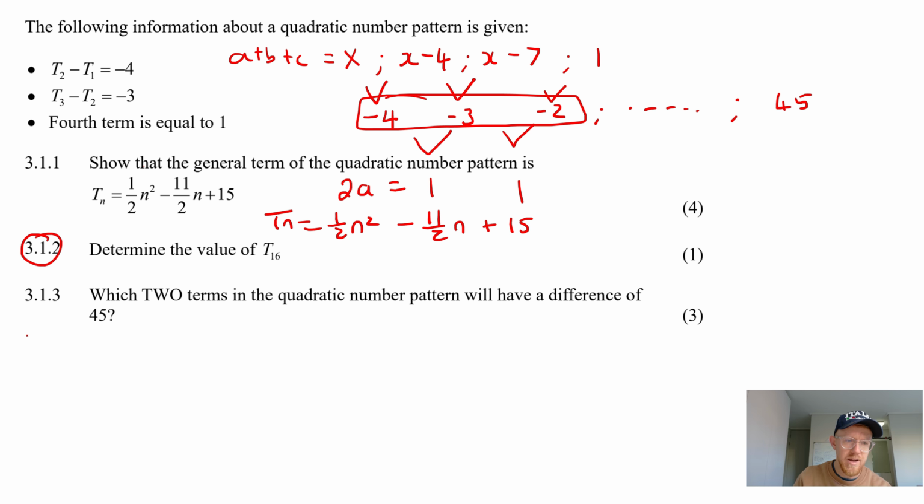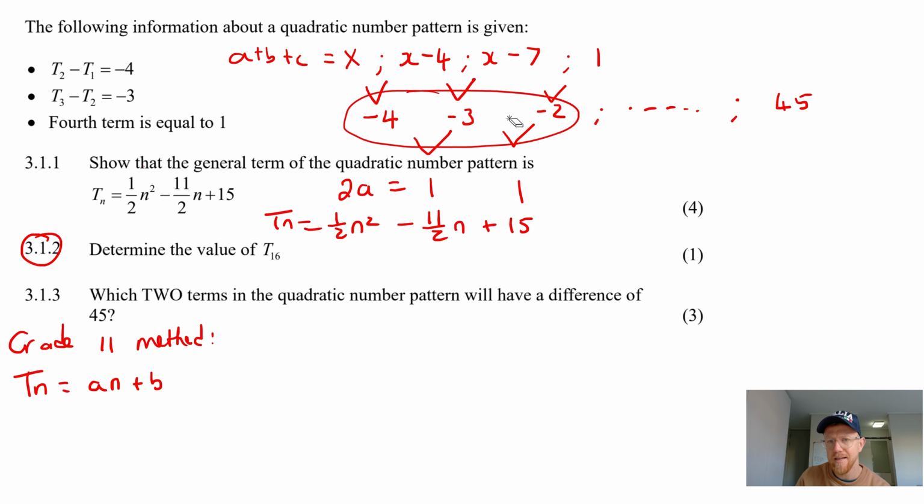So if you do the grade 11 method, now some schools do show the grade 12 method already in grade 11. But typically in grade 11, you would use a formula like an plus b, because this is a linear pattern. Remember, linear means that you're just adding or subtracting the same amount every time.